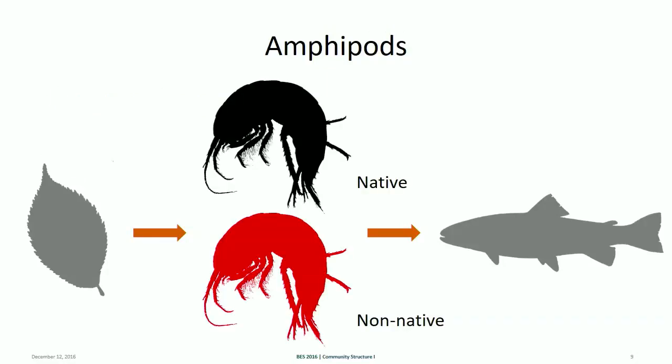And luckily, or more to say interestingly for us, we have native and non-native species, and for the rest of the talk I will denote native species in black and invasive or non-native species in red.